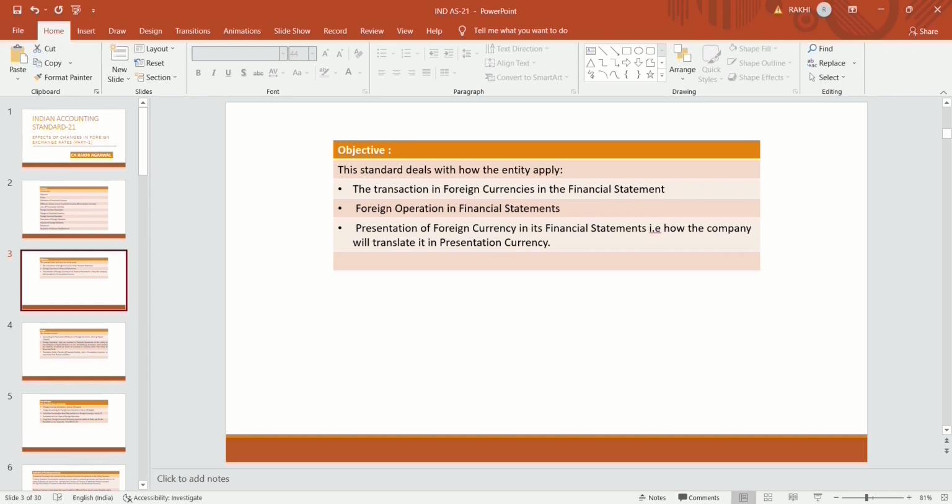It is the currency of the economic environment in which the entity operates, that country's currency is the functional currency. Presentation currency is that in which we present our financial statements, and foreign currency is any currency other than the functional currency.